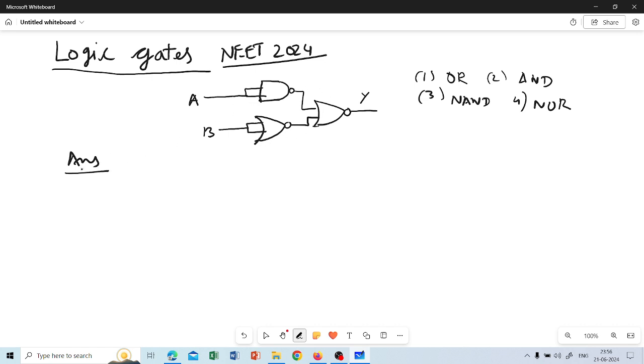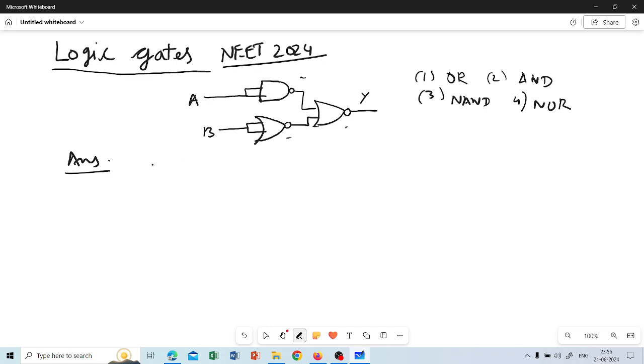For example, I will begin by solving in a conventional method. First thing is to identify the logic gates. This one is a NAND gate, this is a NAND gate, and these two are NOR gates. After identifying the gates, you have to know the expression. What is the expression for a NAND gate?